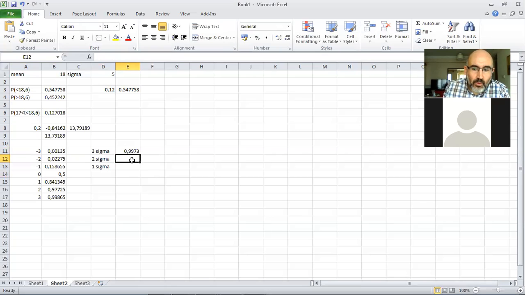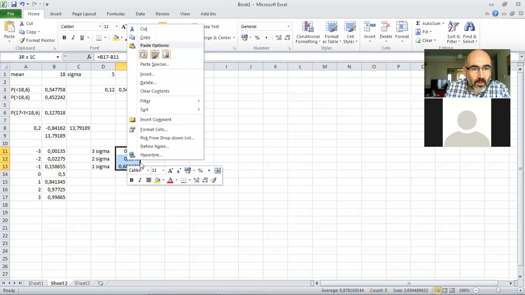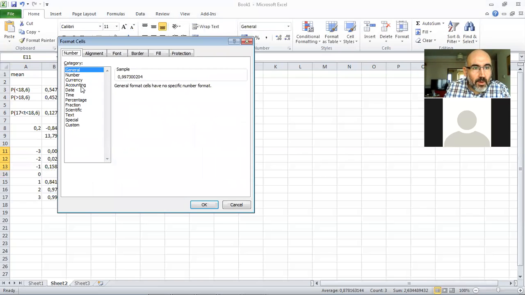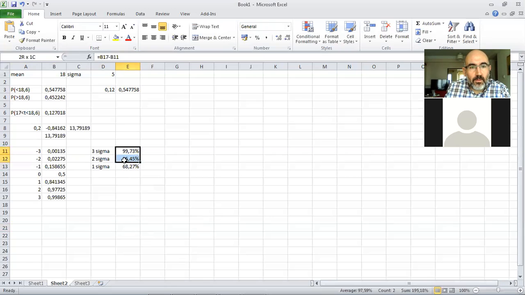For 2 sigma, I take this one minus the tail, and for this one also this one minus the tail. Then convert this to a percentage. So that's where those rules are actually coming from.